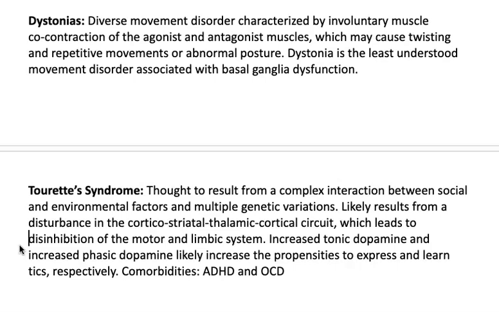So it's a circuit issue and is often associated with ADHD and OCD. And I want to show you briefly so that you can visualize the circuitry. And you can see that if you're going from this one to this one to this one to this one, that's 4 different places where the disruption could be. So in order to figure out where that actually is, it could be different in each individual.